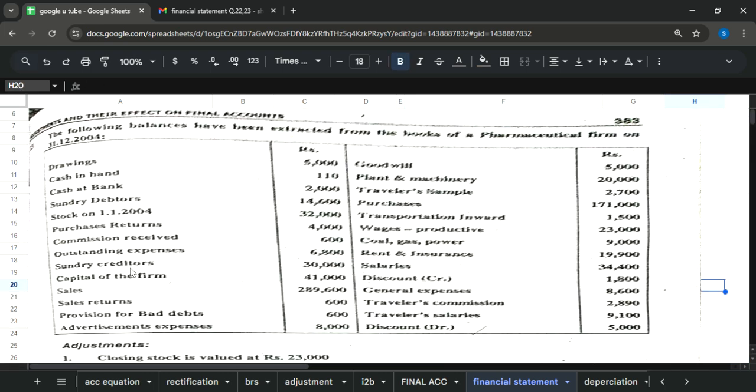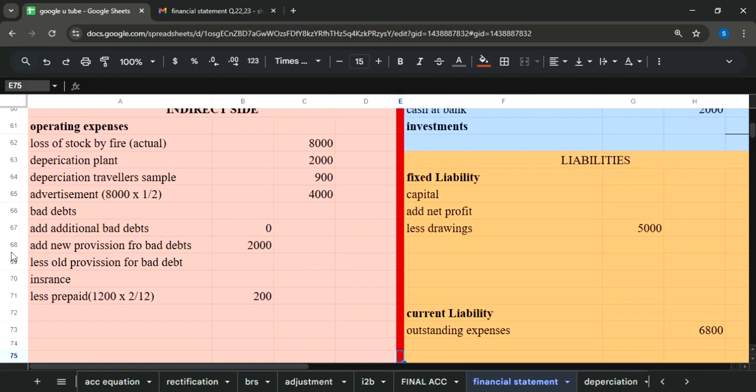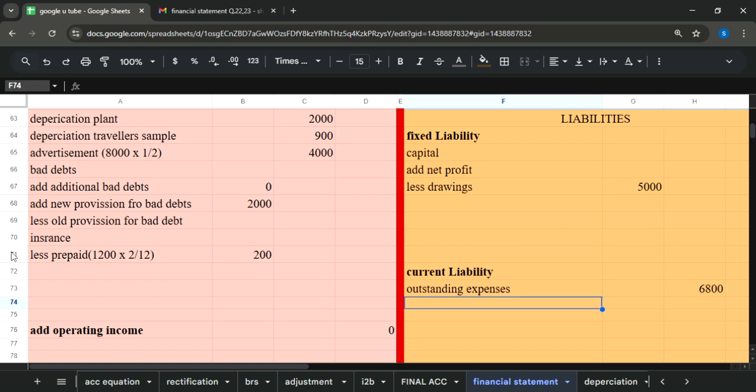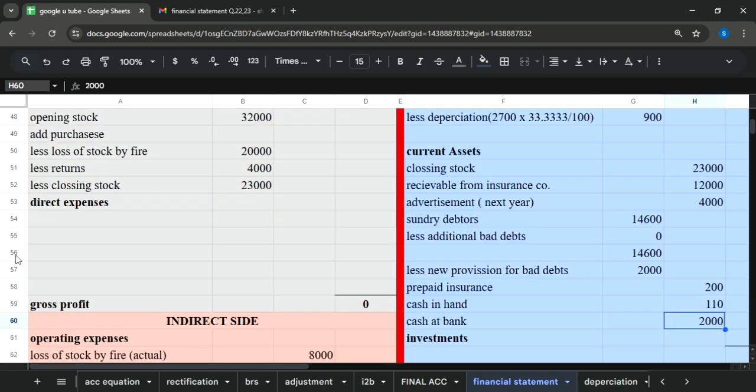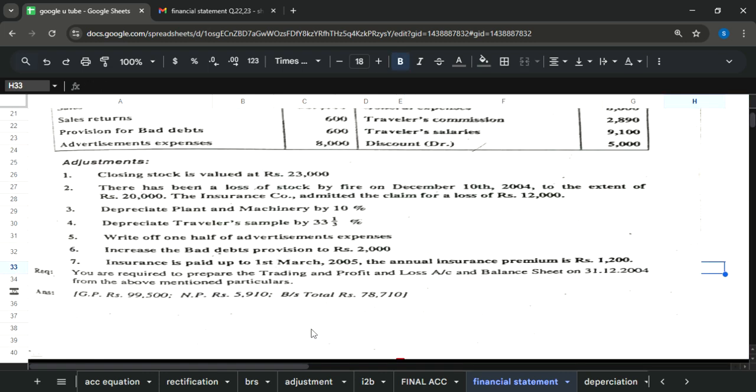Then we have creditors, again a current liability, and we will write over here these were sundry creditors. The amount of sundry creditors is 30,000.